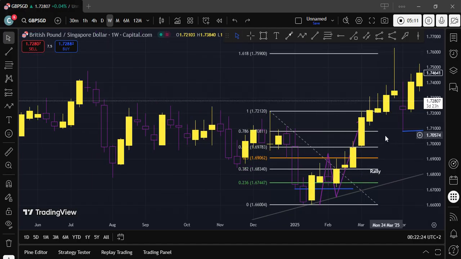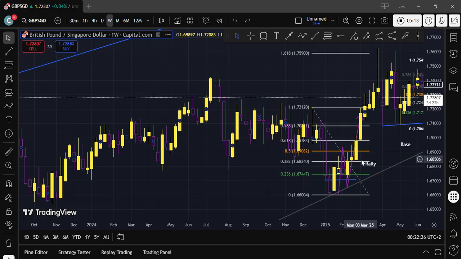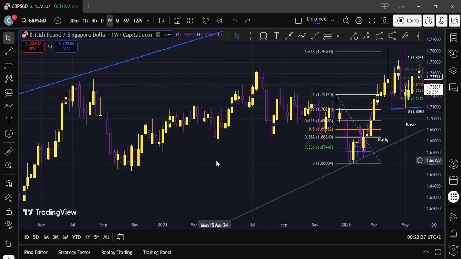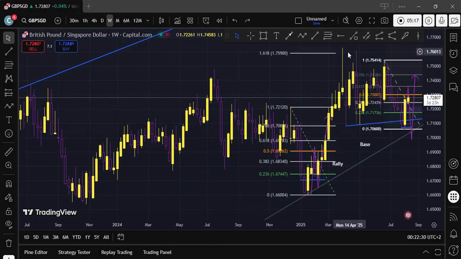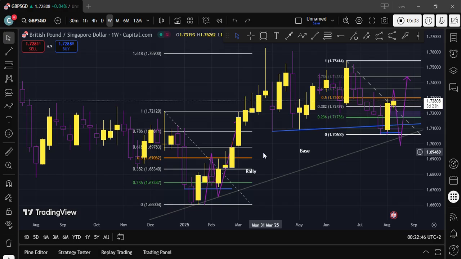Sometimes you discover that the market just flies off the target that you're looking for, and you can see that we barely have any pullbacks in this trade with the pound SGD because of the economic divergence.